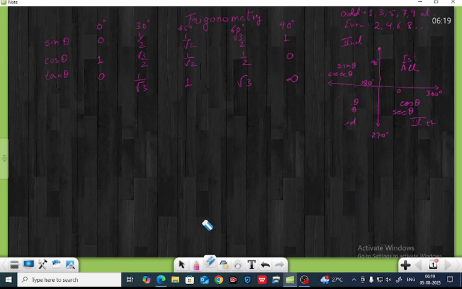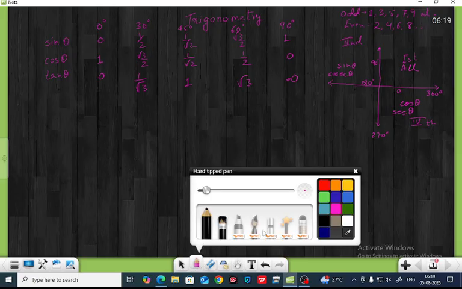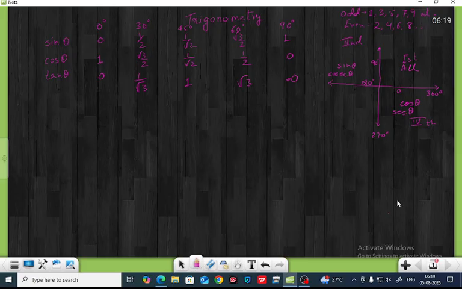Here, this is all sine, tan, cos, this is tan theta. Tan theta and cot theta will be positive here, and this is the third quadrant. We'll get the value of tan.